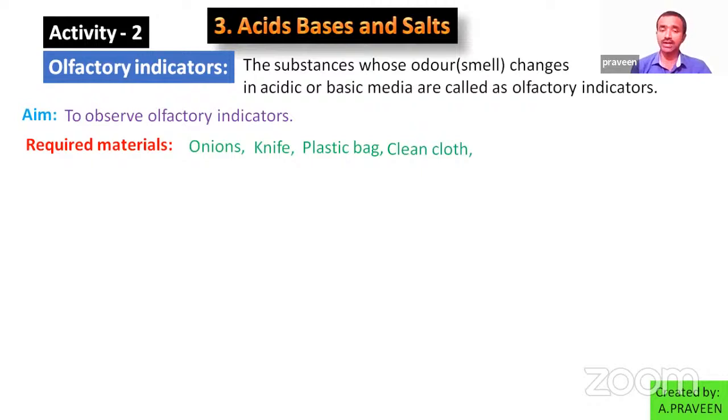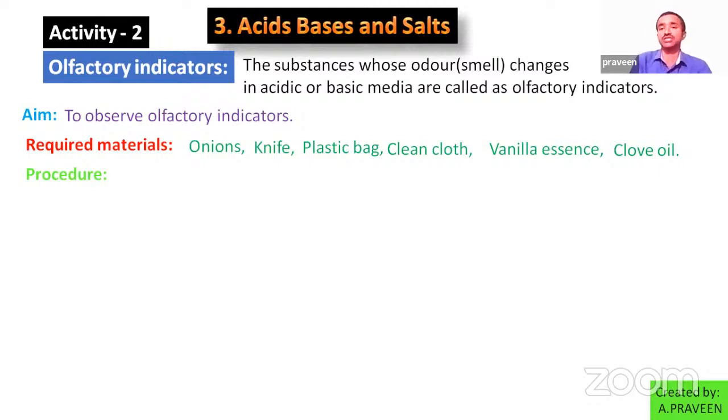Also, you have to collect two more indicators, that is vanilla essence and clove oil. These are the minimum required materials for conducting the activity.